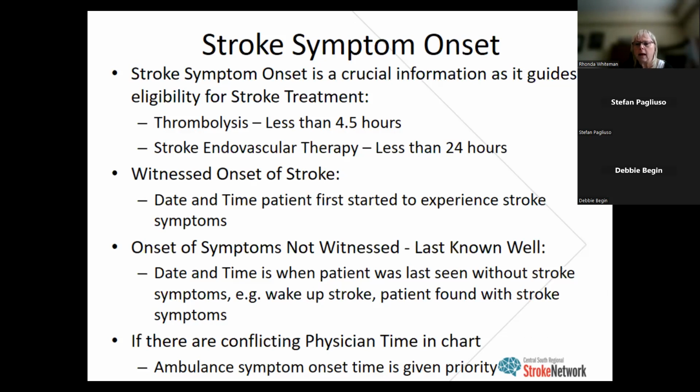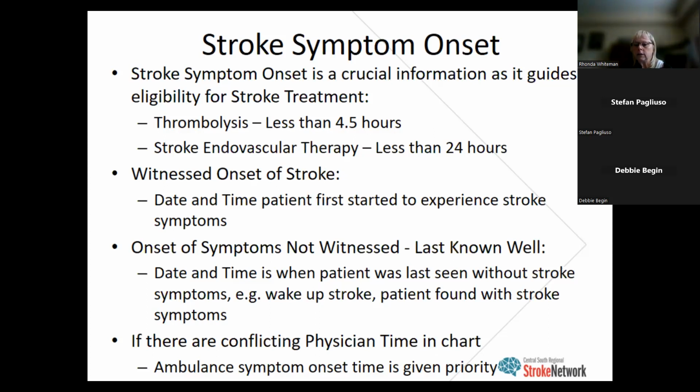He just got up and he had those symptoms. In that situation, the last known well would actually be when the patient went to bed, because we don't know if they woke up with symptoms or if it happened 2 minutes after, as we have no way to identify what the patient was like. And so that's sometimes why you may see conflicting information.